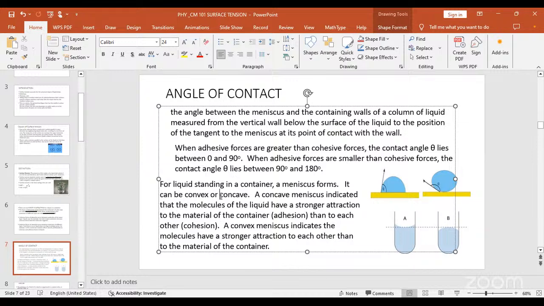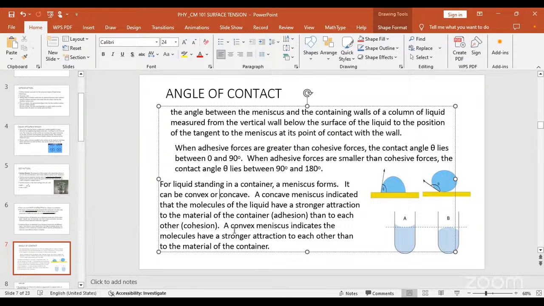A concave meniscus indicates that the molecules of the liquid have a stronger attraction to the material of the container, that is adhesion, than to each other.